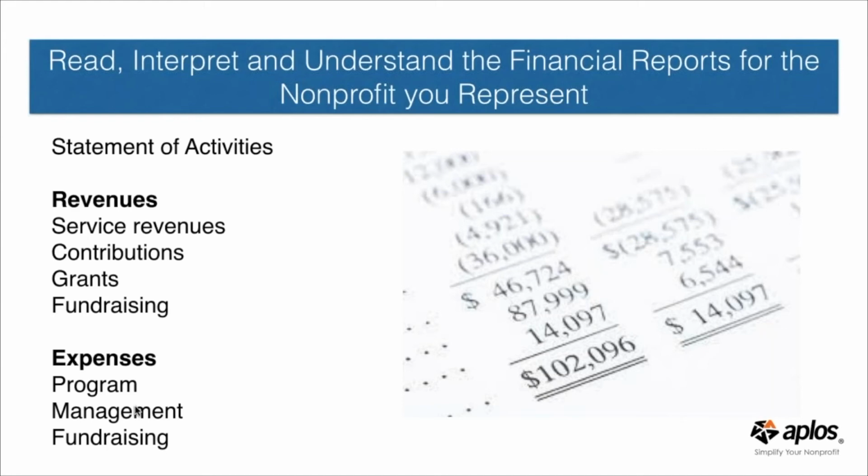You're out there teaching kids how to read, an after school sports program, something like that. That's the staff that's out there doing what we call direct service, where management might be somebody behind a desk working with the board and making those decisions. Sometimes people can do both of those. Sometimes one person has 30% of their time paid out of management and the rest in program, those kinds of things. And then fundraising expenses are very, very important.